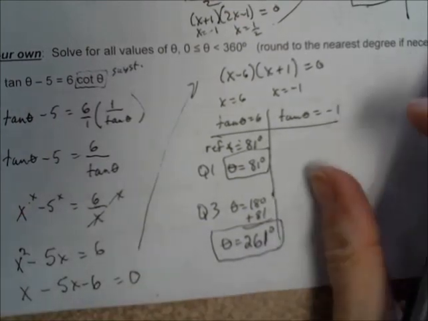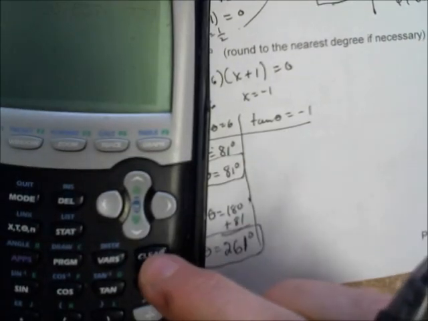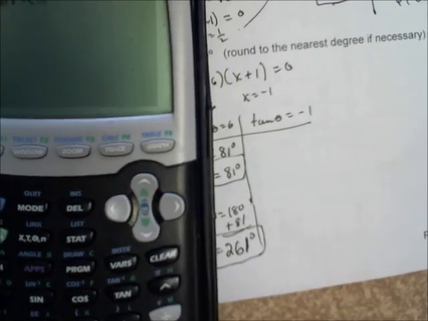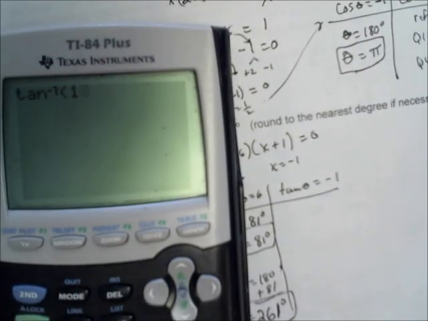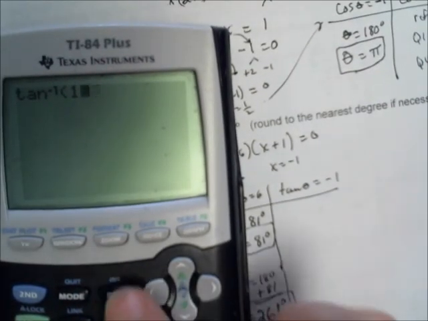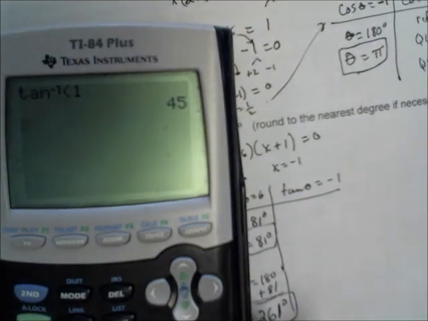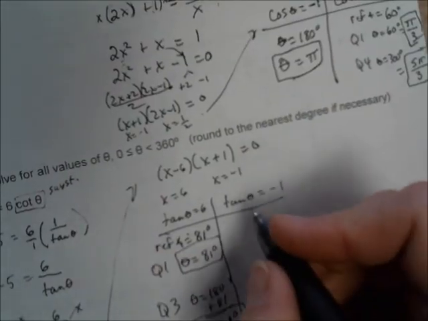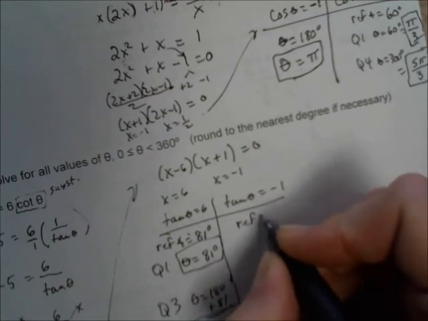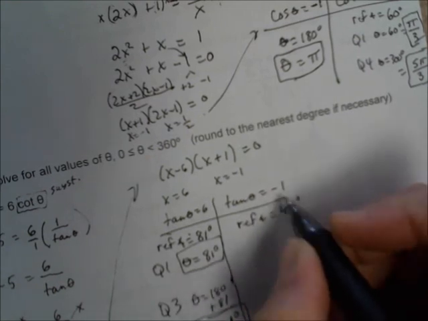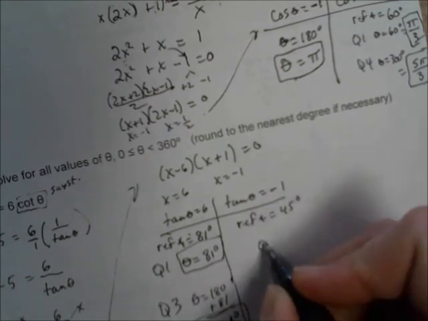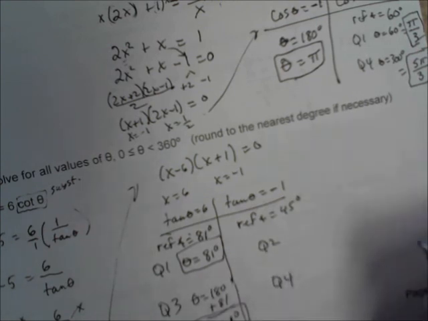Over on the other side of the t-table, if you want to know about the reference angle, do second tangent of positive 1. Don't put a negative in to get a reference angle. And you get a reference angle of 45. You'll remember reference angles are always positive. Tangent goes negative in quadrants 2 and 4.